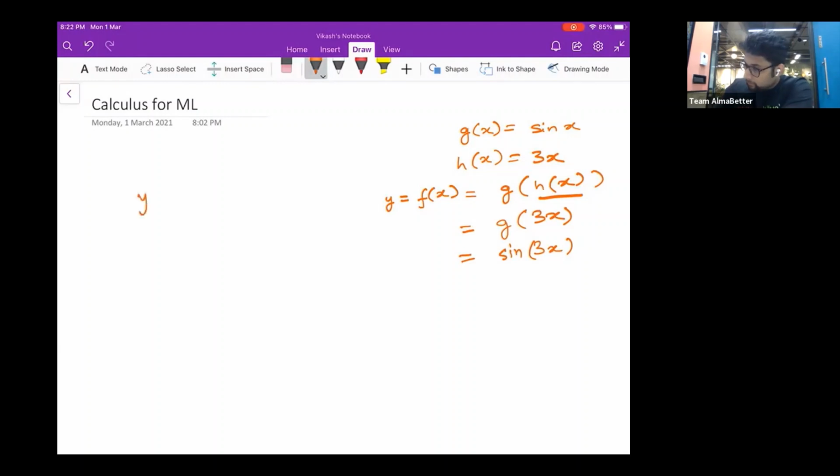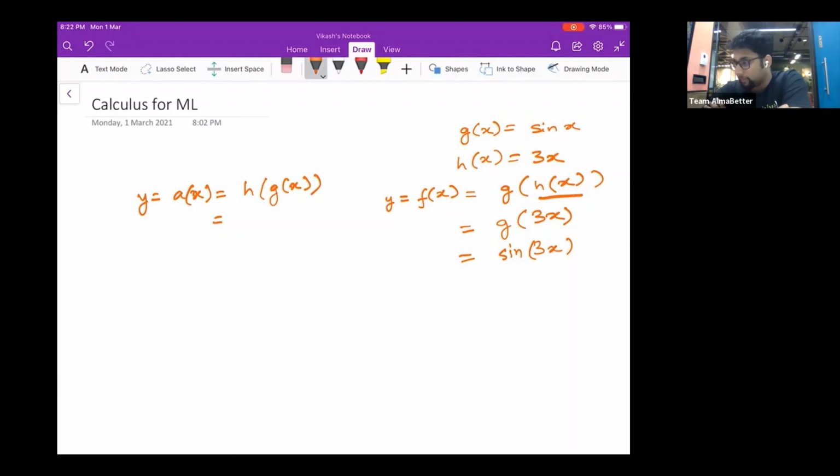You can have y is equal to, let's say it's a different function, a of x, and this is nothing but h of g of x. So what is the formula here?